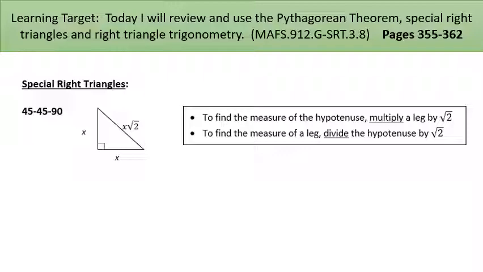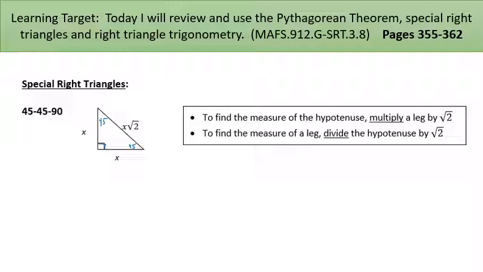Okay, and the first thing we see here is what's called a 45-45-90 right triangle. It's called a 45-45-90 because that is the measure of each of the angles in the right triangle. We have 45 here, 45 here, and that means this is my 90-degree angle.